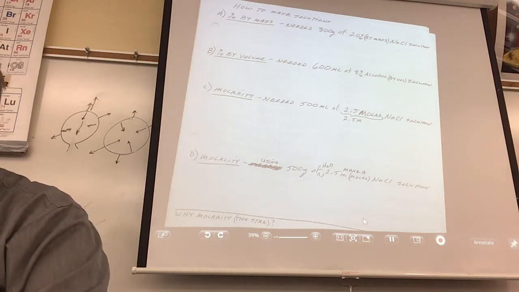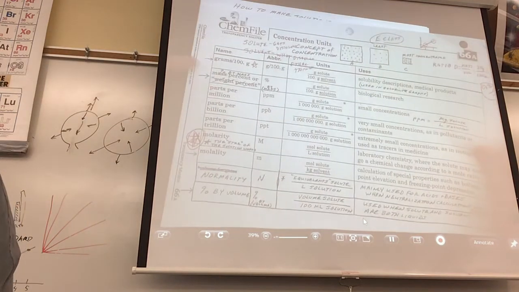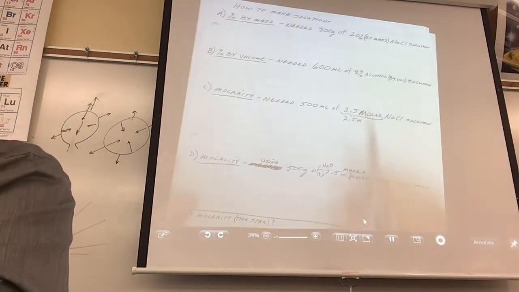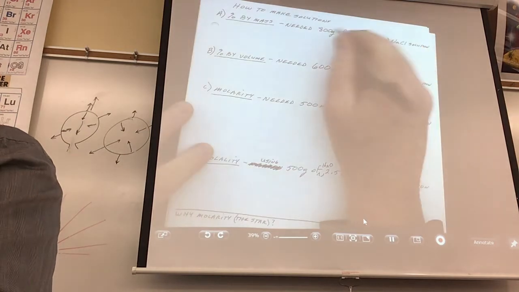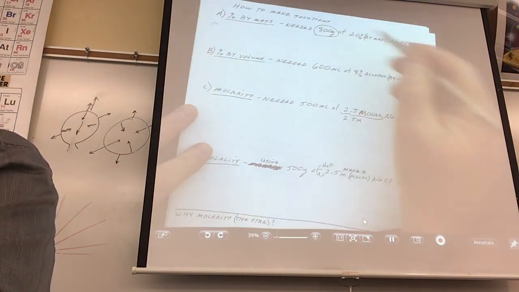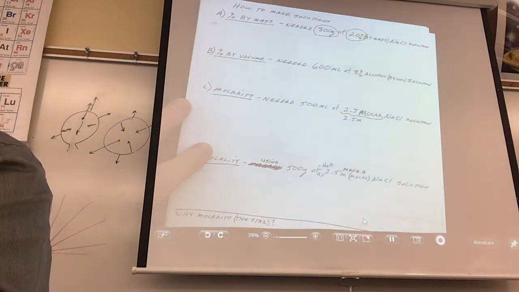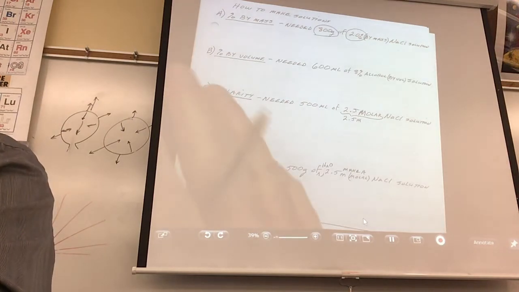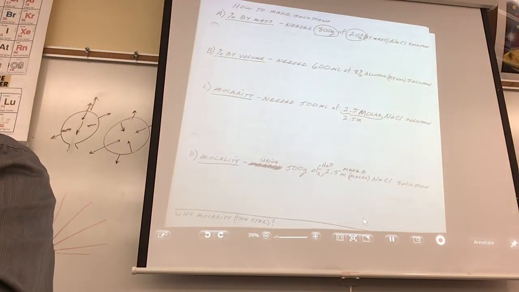Well, the chart says that you would have to do grams of solute for 100 grams of solution. So let's take a look at this right here. I need 800 grams of a solution that's 20% by mass. Now, what if I said that's going to be a quiz question for you? Ready? Go make it for me.